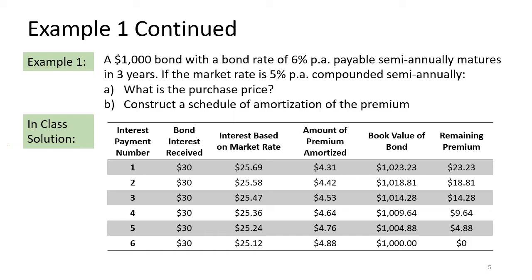So some important things to note: when the bond comes to maturity, in this case, that premium is all gone, okay? So you can see after our final interest payment, there's no premium remaining, and our book value is the same as the face value of the bond. So as if we bought it at $1,000 and not on the market at a premium, okay?